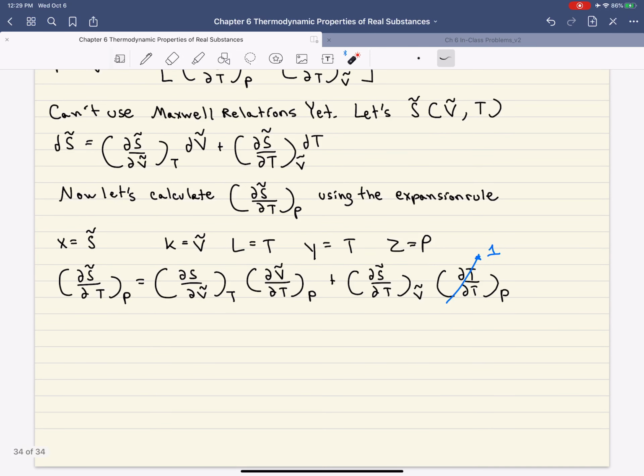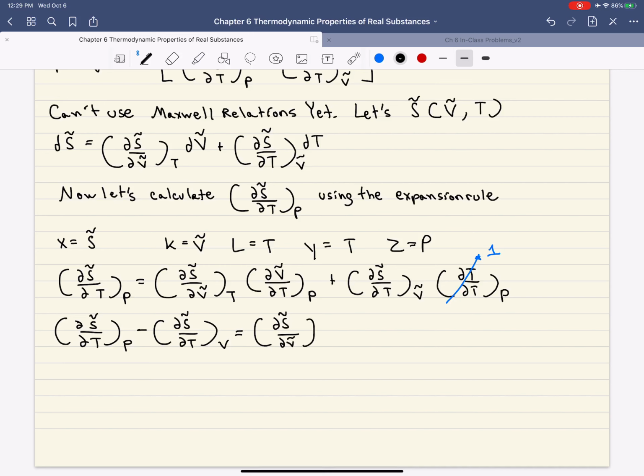And so, as a shortcut, we could just subtract this and move it to the other side, giving dS dT at constant P minus dS dT at constant V. And what we're left with on the right-hand side is dS dV at constant T times dV dT at constant P. So we made progress.